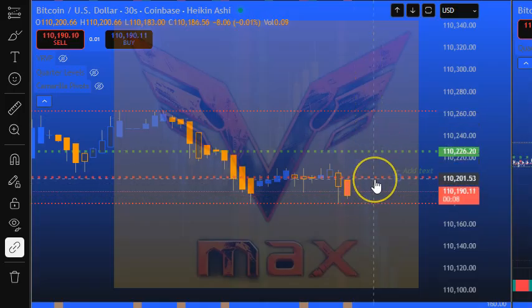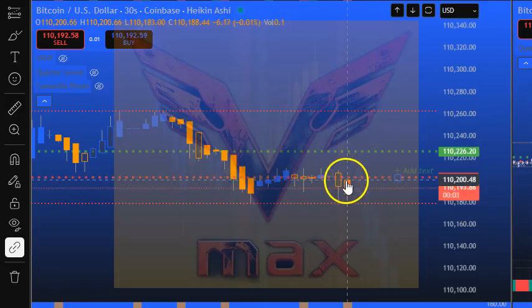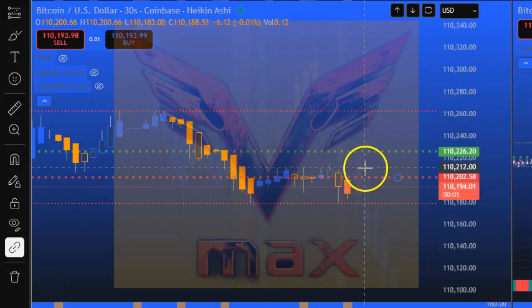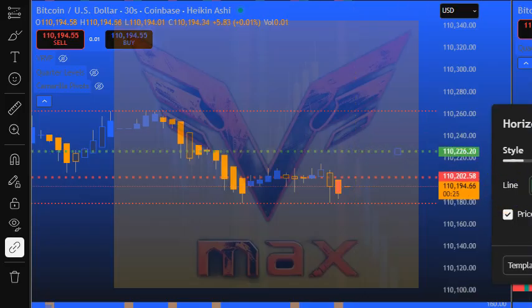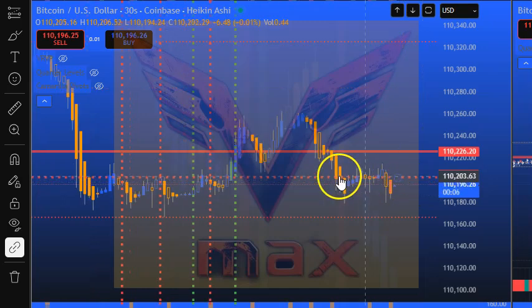Now if you took the sell indication, then your stop loss will be up here. Let's just make this the stop loss. And let's see where your take profit would be from here.